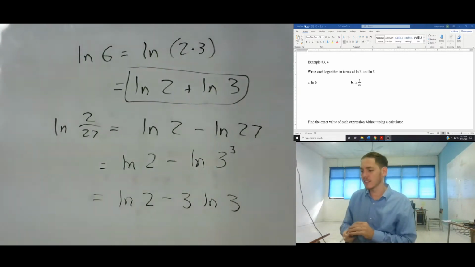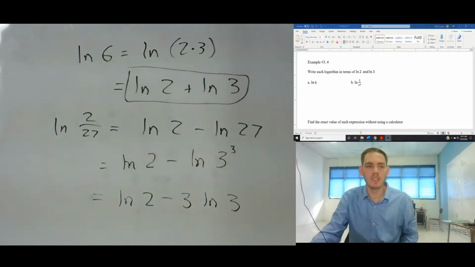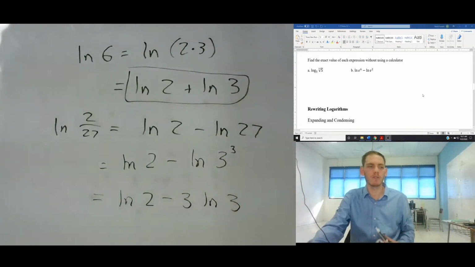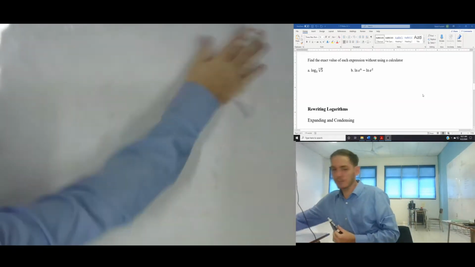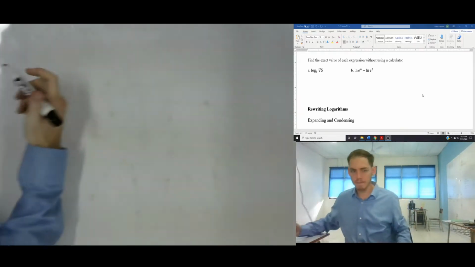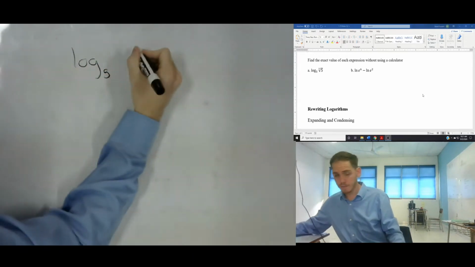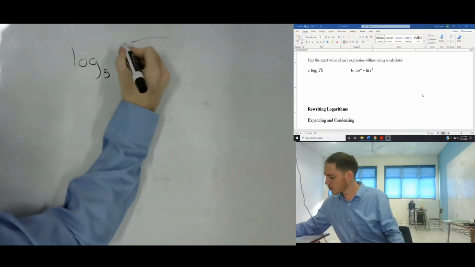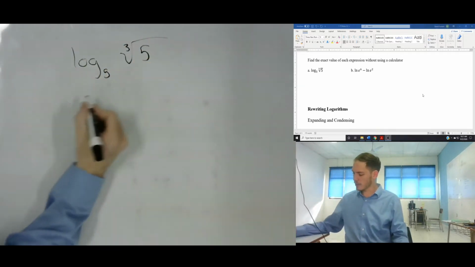Now we're going to write the exact value of the next one. So we did part 3, let's do part 4, and then we'll go into rewriting, expanding logarithms. Okay. Log base 5 of cube root of 5. First things first, we need to turn this into a power.